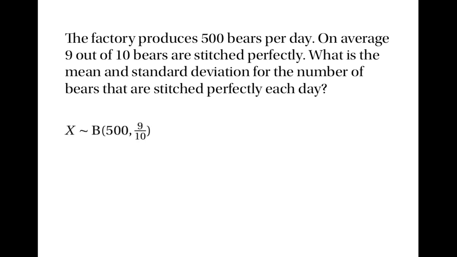Well, here we're dealing with a random variable that has the binomial distribution with 500 trials and 9/10 as the probability of success. So the mean can be calculated by multiplying 500 and 9/10, which is 450.